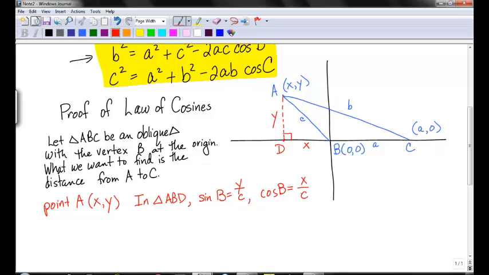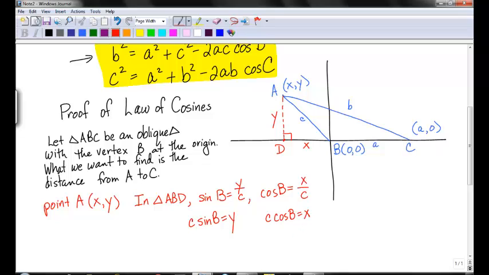Now if we multiply by c on both sides and solve for y, we get c sine of B equals y. On this one, multiplying by c on both sides, we get c times the cosine of B equals x.